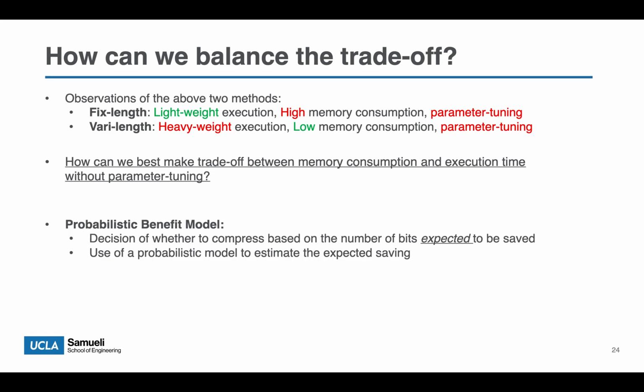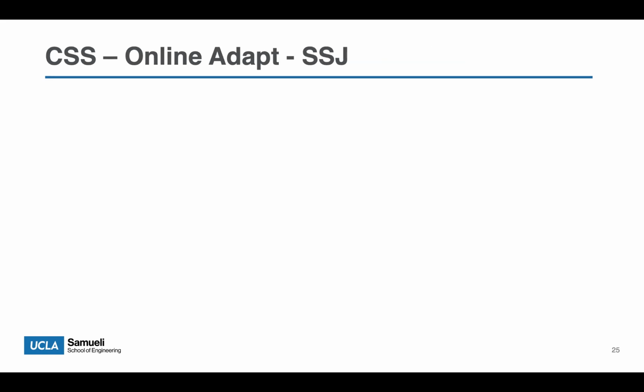However, even though this probabilistic benefit model itself is theoretically sound, in order to implement it completely, we need to store all the statistics, and that will incur too much overhead. So instead, we optimize this method into a realistic algorithm that will only look at one new incoming element.